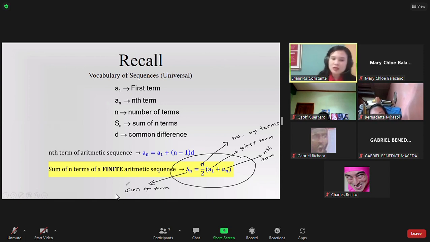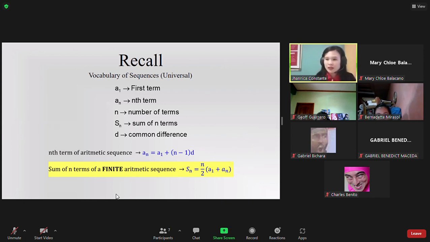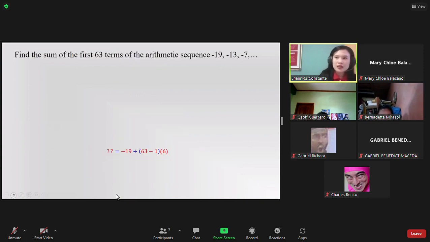So this is the formula that we are going to use to solve the sum of the specific terms in our arithmetic sequence. For example, we have to solve for the sum of the 63 terms of our sequence, negative 19, negative 13, and negative 7.